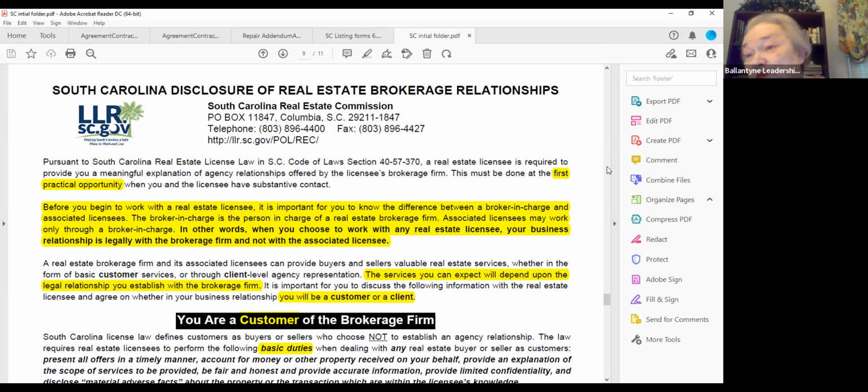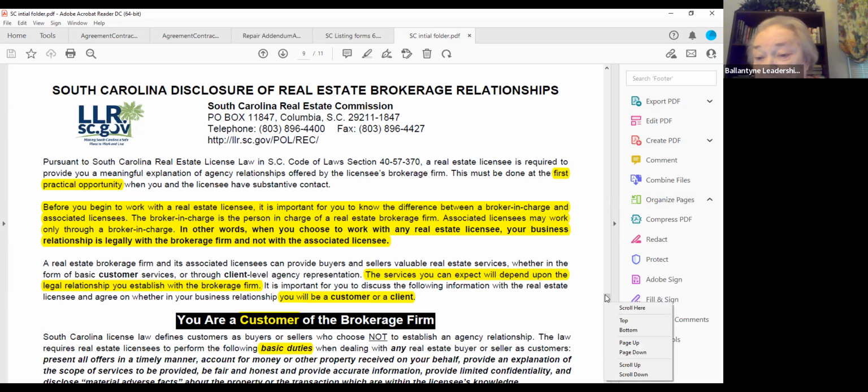See, in North Carolina, it's working with real estate agents, right? But in South Carolina, it talks about the brokerage relationships because it's not going to be based on agency according to this disclosure. They'll have an option. They don't have an option with our firm. We don't do transaction brokerage. We work on an agency relationship only. That's our business model.